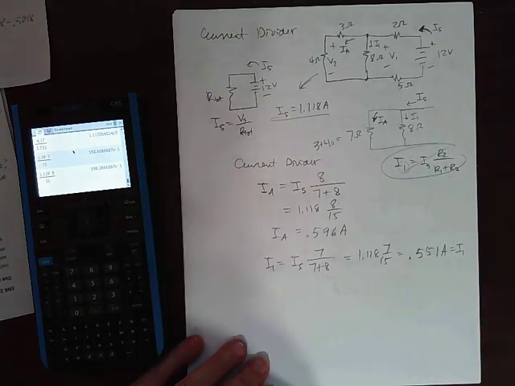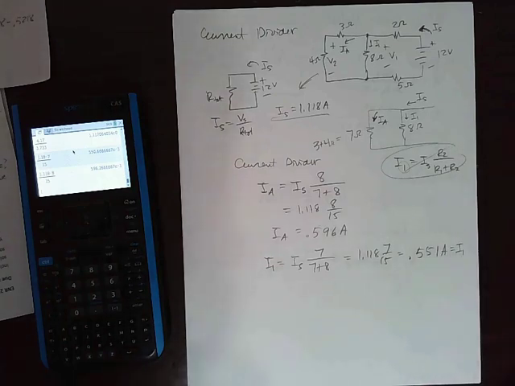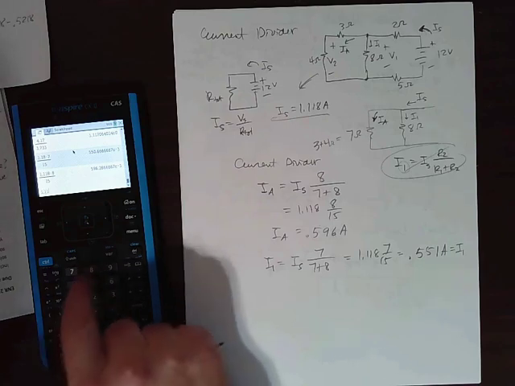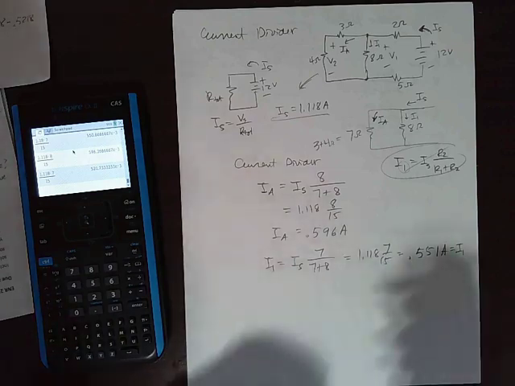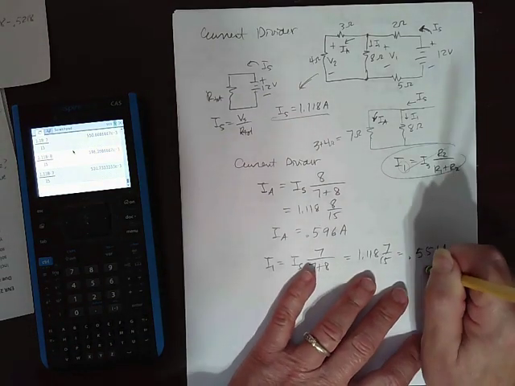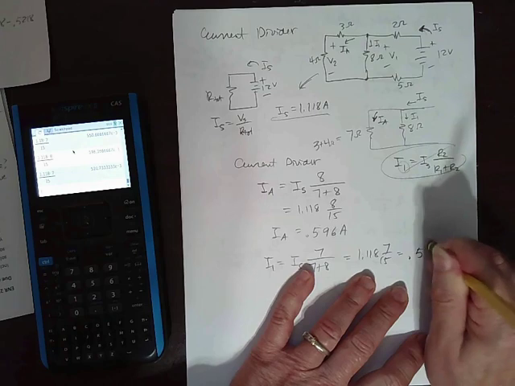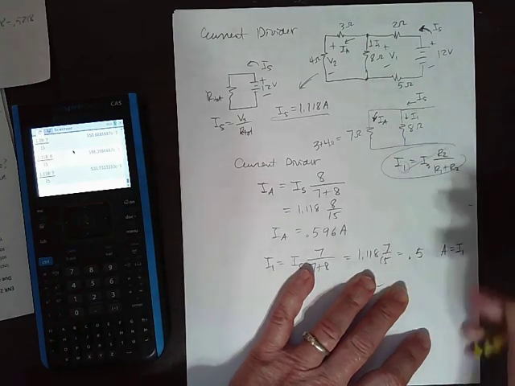Which is not what we got before. Oh, I typed it in wrong. 1.118 times 7 divided by 15. There we go. 0.522. That's better.